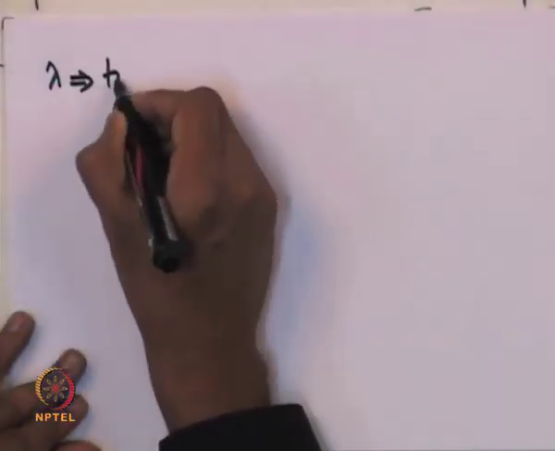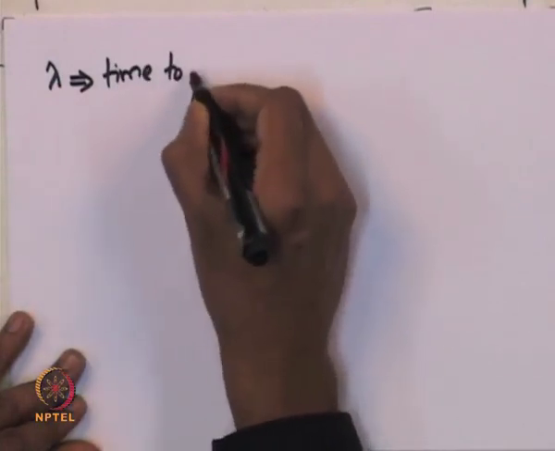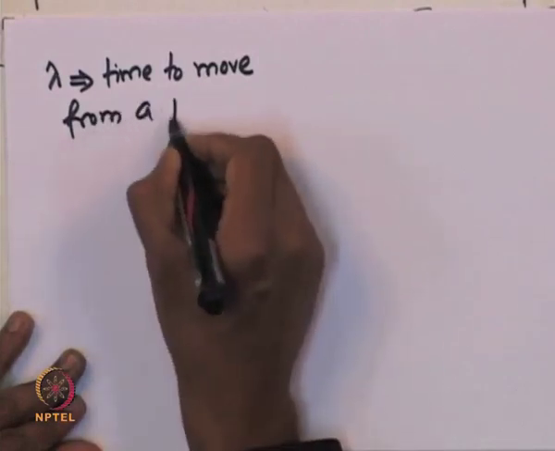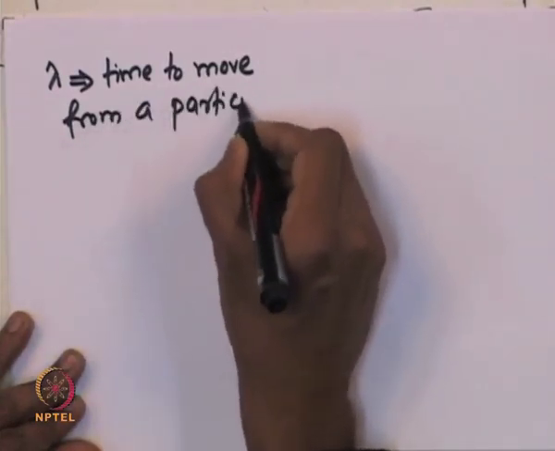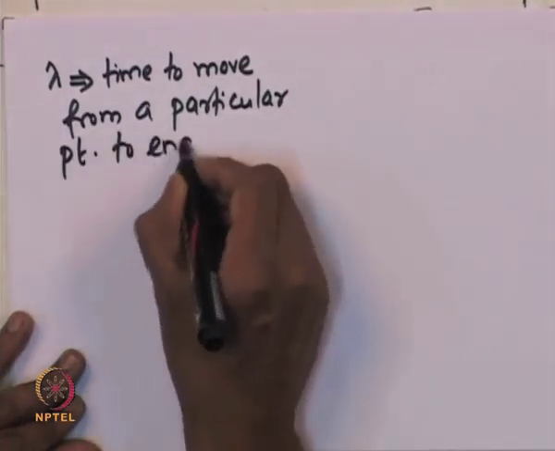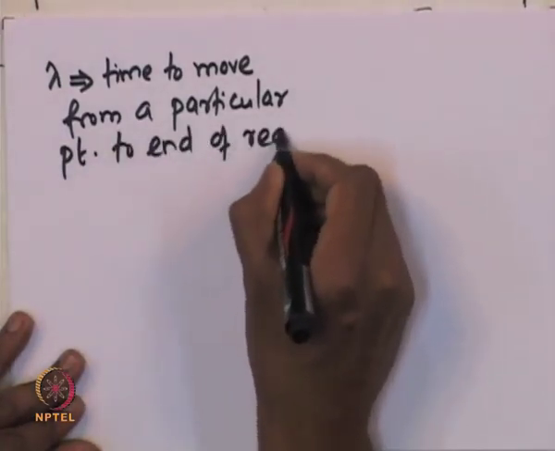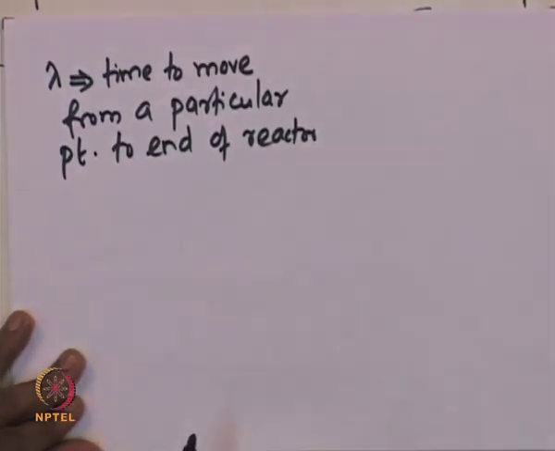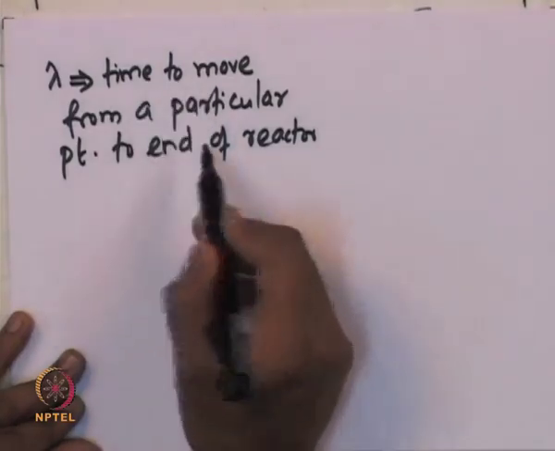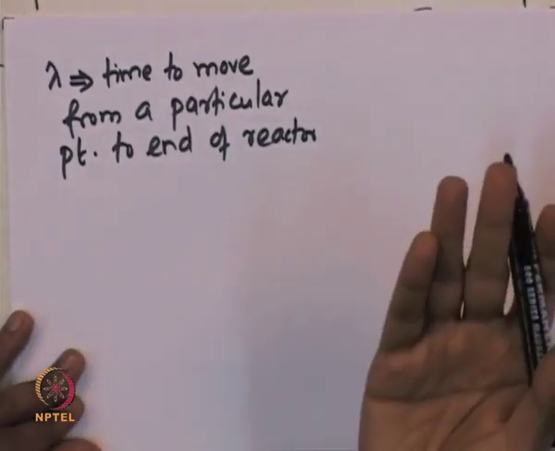So, now suppose we define lambda as the time to move from a particular point to the end of the reactor. That is the time taken by a fluid element to move from a particular location inside the reactor to the end of the reactor.